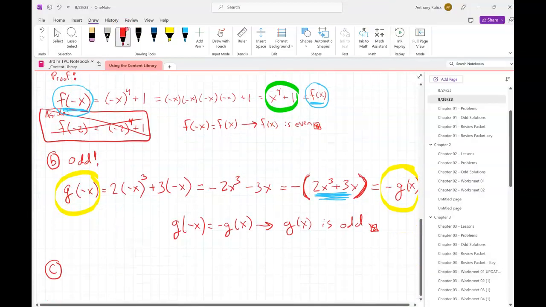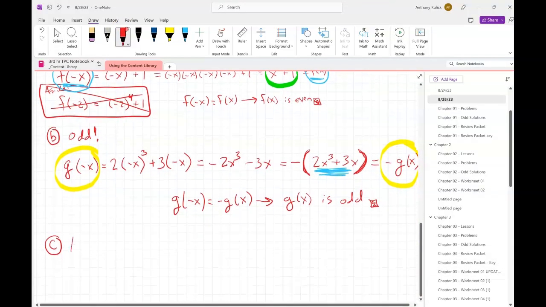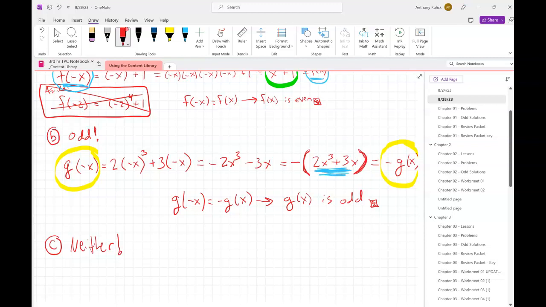Well, to do a neither, how do I do that, Mr. Gulick? Well, we start the same way. So we start by doing h of negative x. What does h of negative x mean?